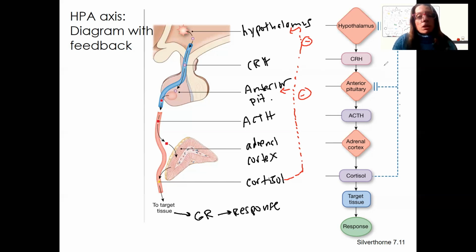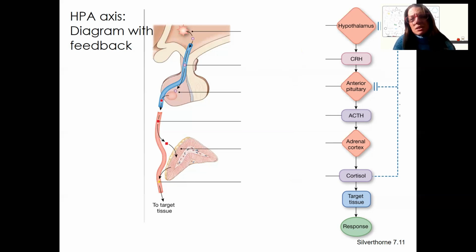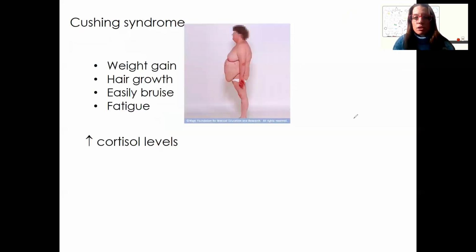The dysregulation that occurs in anxiety and depression is very complex. We're going to be looking at something a little simpler in terms of dysfunction of an organ in this pathway and its result on cortisol levels. One of these examples is Cushing syndrome. Cushing syndrome is marked by weight gain, hair growth, easy bruising, and fatigue.